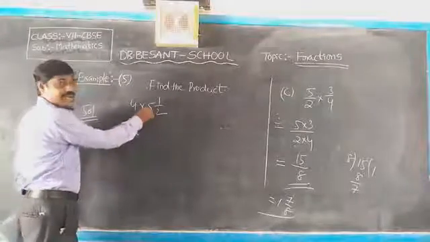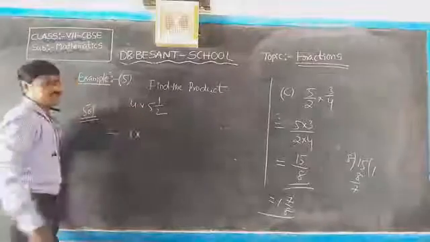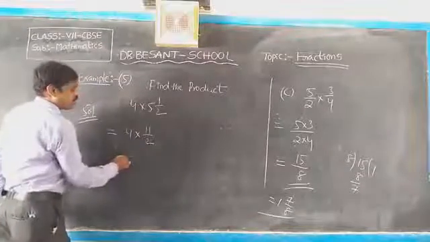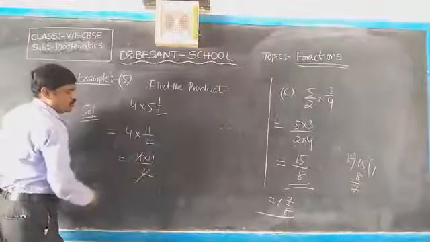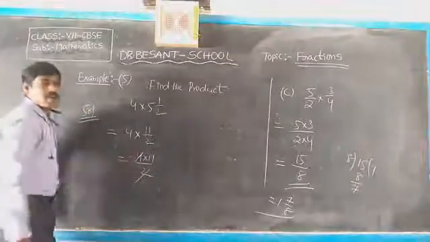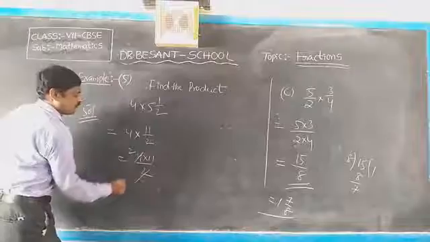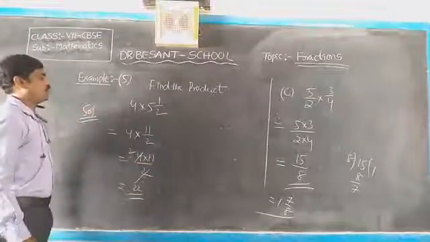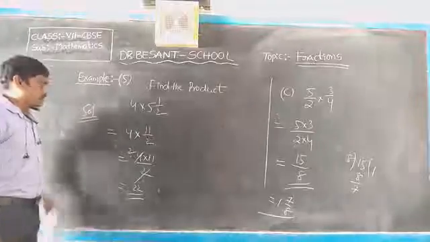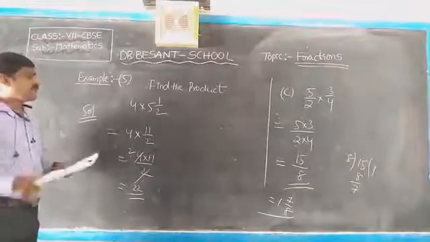So 5 2s are 10, 10 plus 1 is 11. 11 by 2, that is equal to 4 into 11 by 2. For 4 and 2 there is a common factor 2: 2 2s are 4, so 2 11s are 22. Okay, so 22 is the answer.